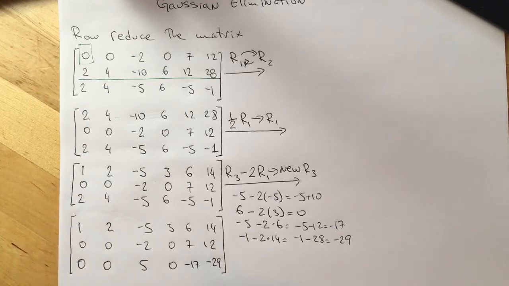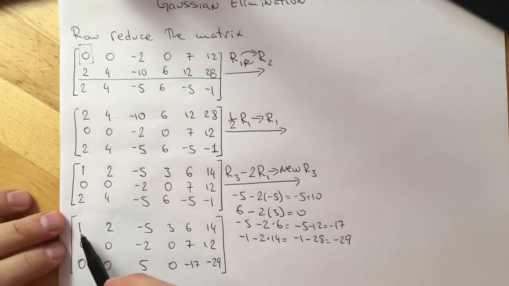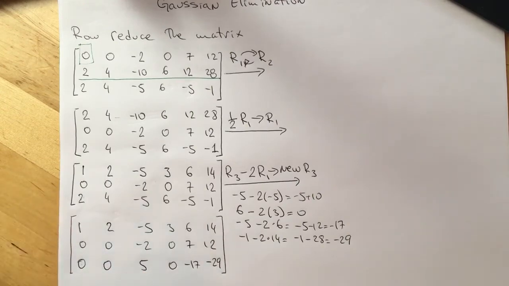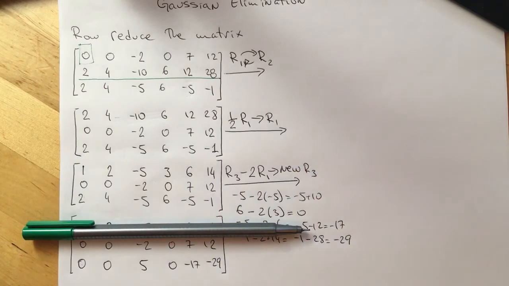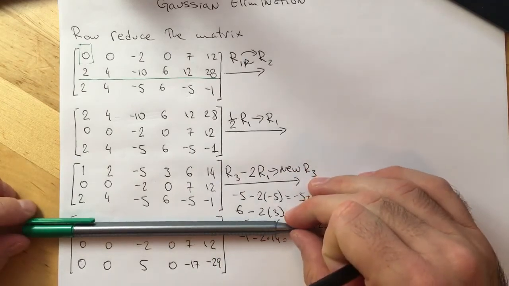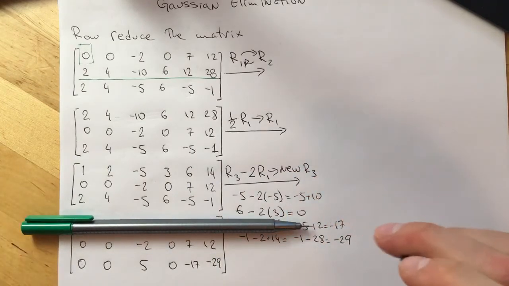Okay, so now below the leading one, I have zeros, right? We move on. What do we do? We cover the first row in which we have obtained a leading one, and check what is going to be our next pivot position.